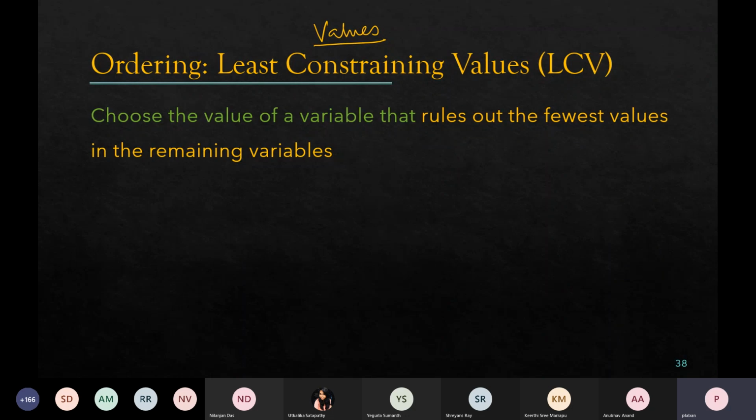But while choosing the value, this is opposite. We choose the value that is least constrained, and that is what we call LCV. It says to choose a value that rules out the fewest values in the remaining variables, so that it keeps the search space a bit open.